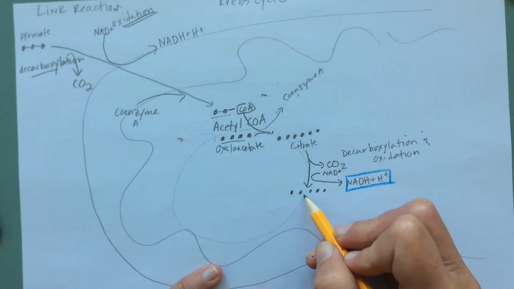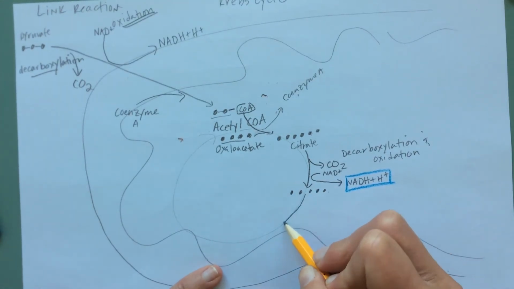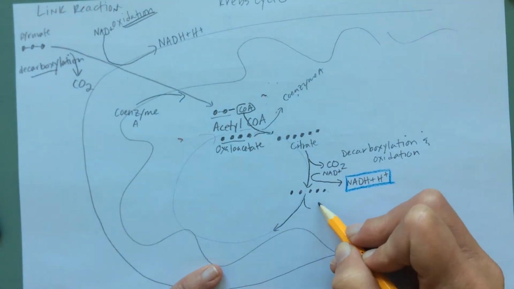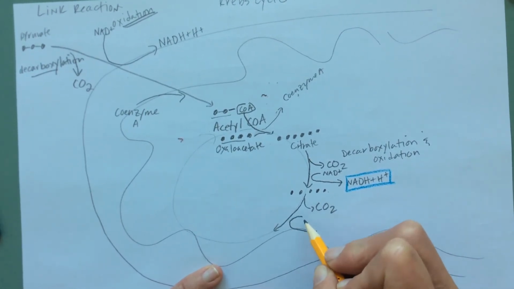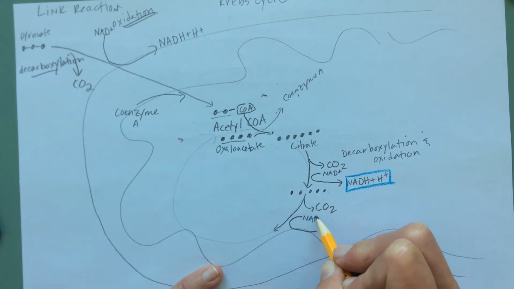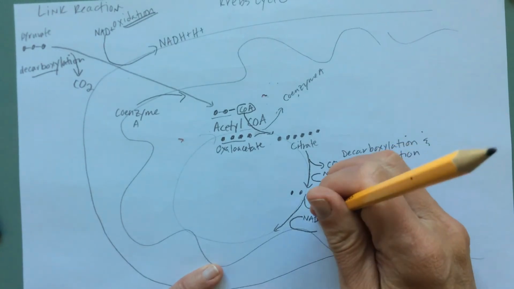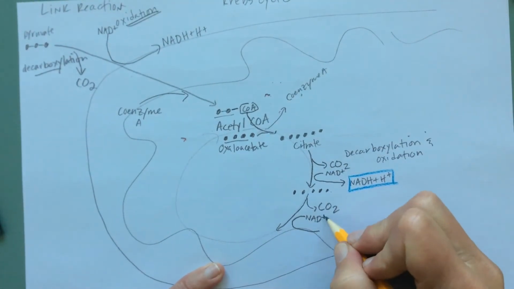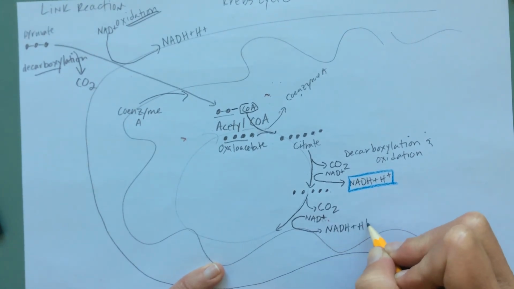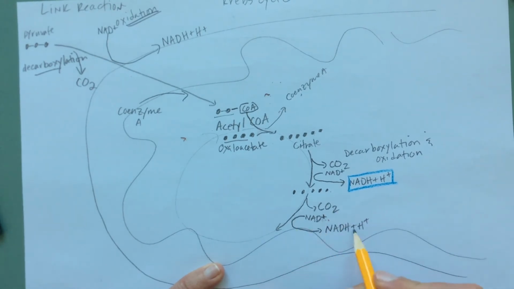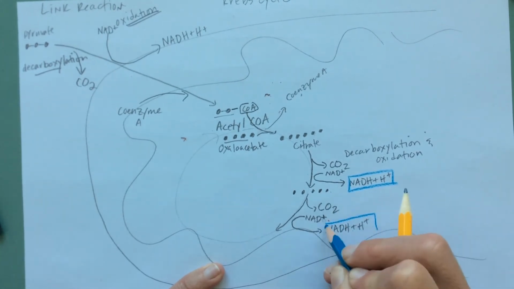All right, and that's going to happen again, that same process. Okay, so we're going to have a decarboxylation, and we're going to have oxidation. NAD plus goes to NADH plus H plus. Okay, so decarboxylation and oxidation.